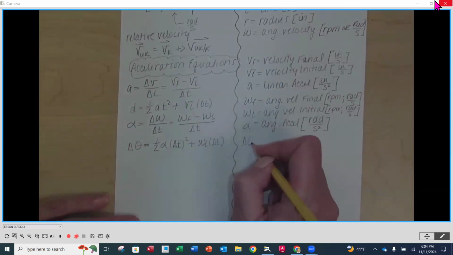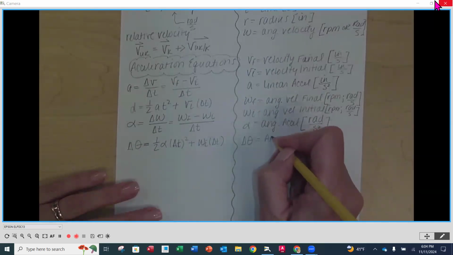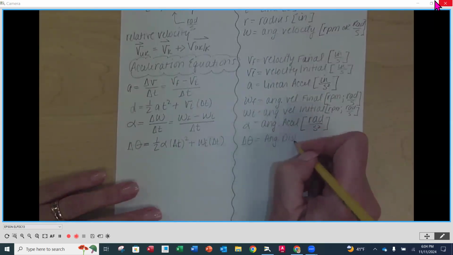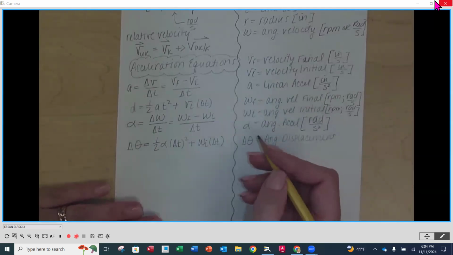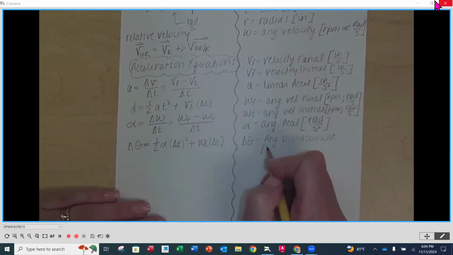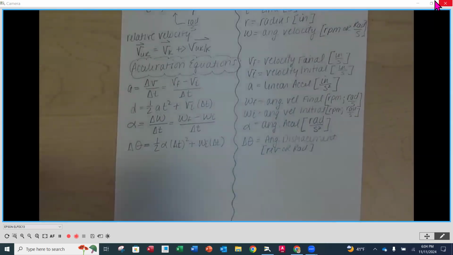And here, change in theta is angular displacement. Now, its units can be revolutions or radians, okay? And we'll get radians out of that equation, but then we change it to revolutions to be able to relate to it a little bit better, okay?